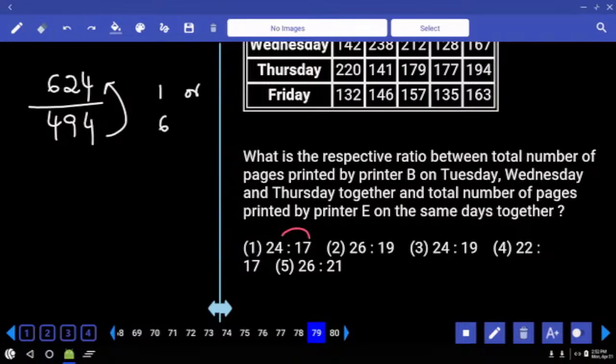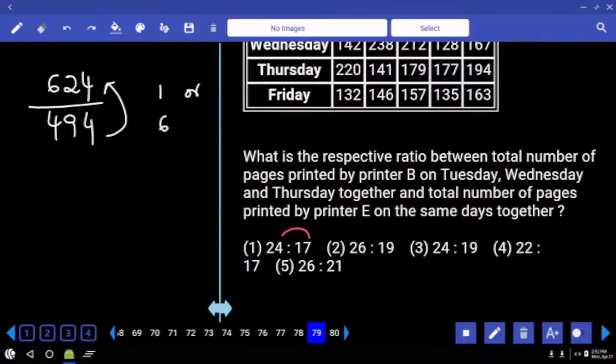Hold it. 7 into 1. No. 7 into 6. Verifying. 2 తోనే కదా ఎండ్ అయింది. 2 ఆప్షన్స్ ఉన్నాయి. Into 1. Into 6. How many options are there? 3 options are there. So now what I will do?